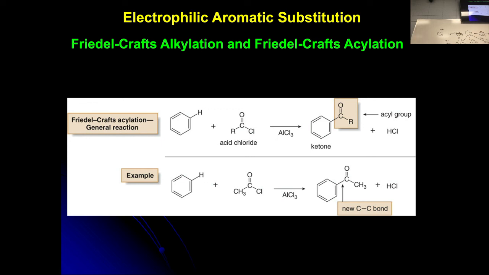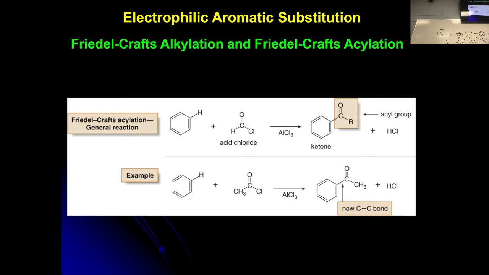But I told you we don't really get a carbocation. It really doesn't look like that. The positive charge is actually on the oxygen. These electrons come down here to satisfy the carbocation.